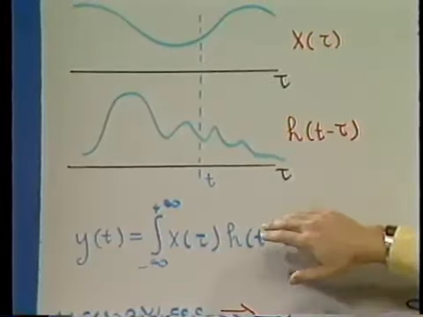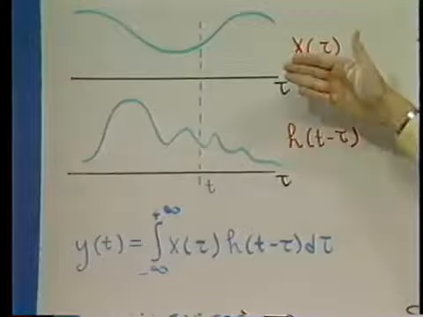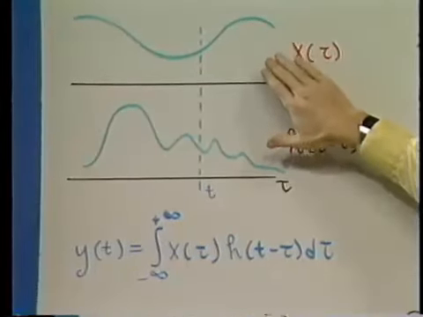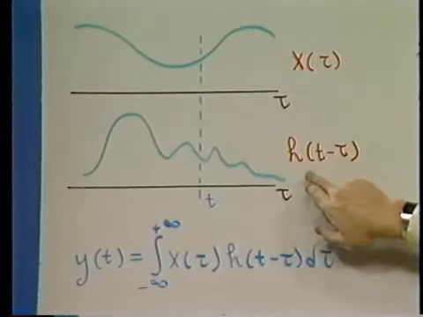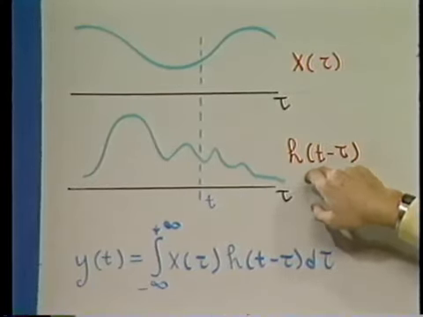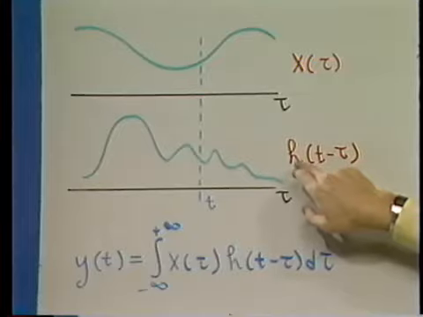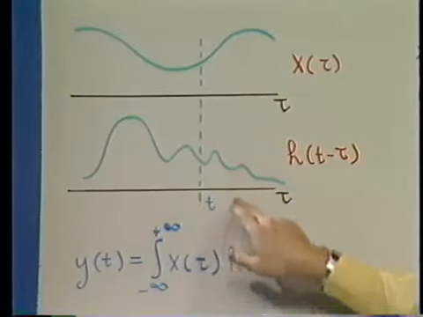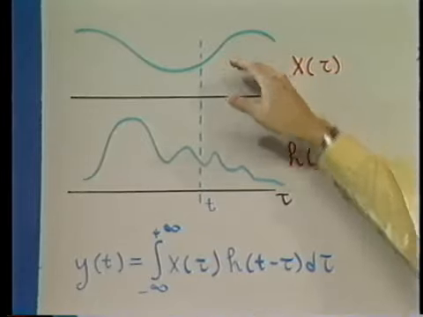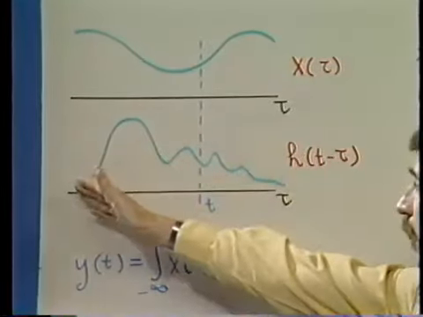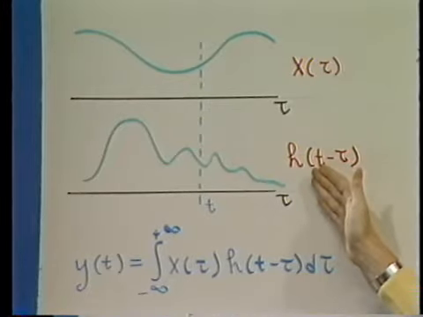And what I've illustrated above is a general kind of example. Here is x of tau. Here is h of t minus tau. And to compute the output at any time t, we would take these two, multiply them together, and integrate from minus infinity to plus infinity.